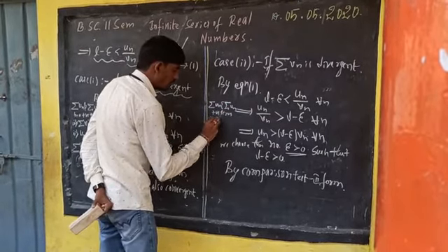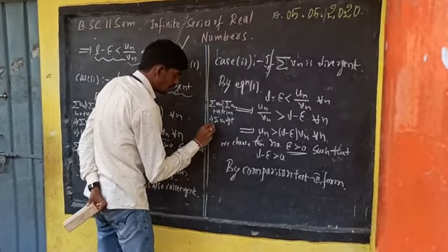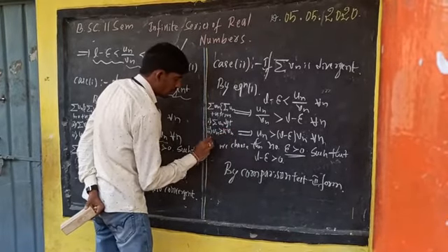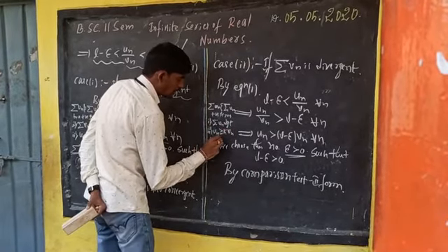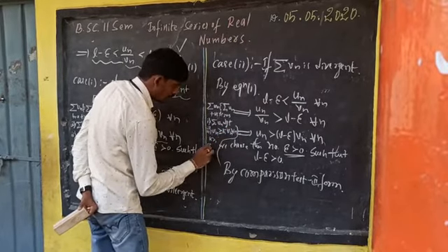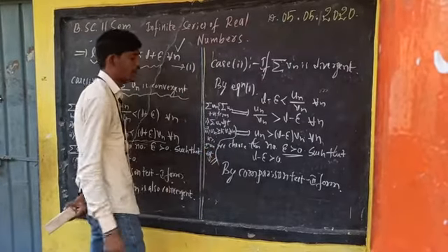First condition, if summation vn is divergent. Second condition, un is greater than or equal to k into vn, k is positive, for all n. Then summation un is also divergent.